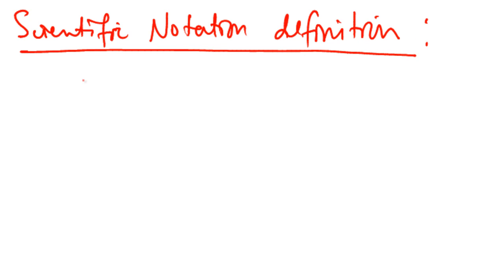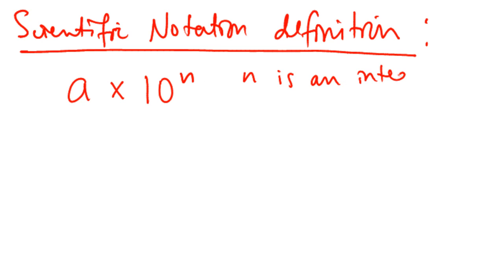A number is written in scientific notation if it has the following form: a times 10 to the n, where n is an integer, and the number a is greater than or equal to 1 and less than 10.